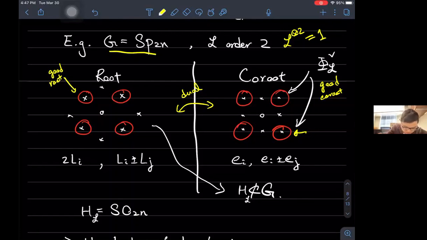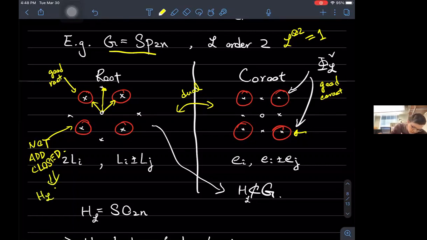And we know that this is not additively closed, because these two added together give something outside the circle. So that's why HL is not a subgroup of G.